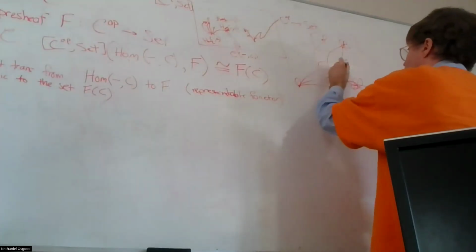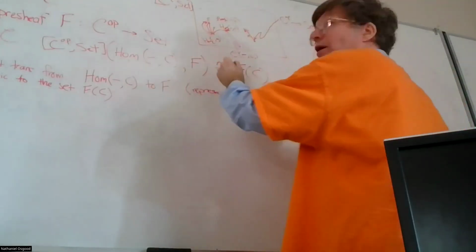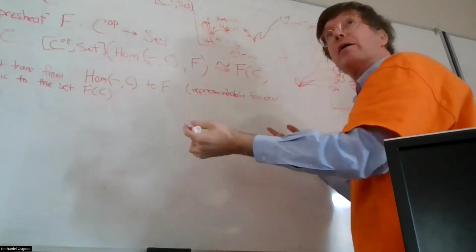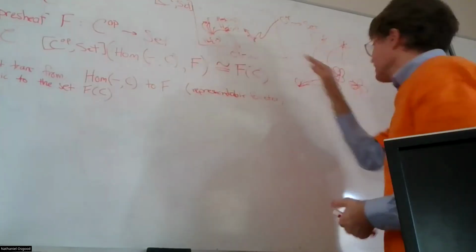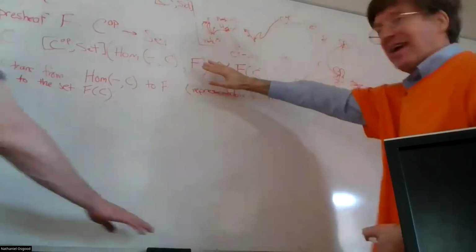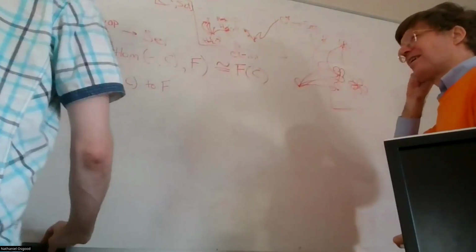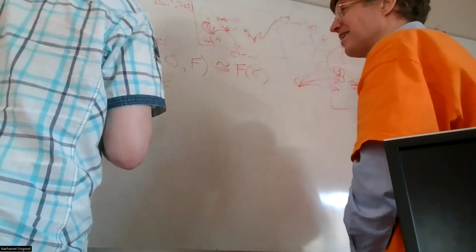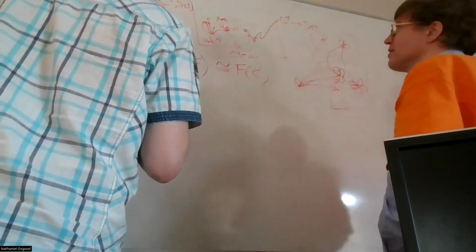The set of mappings here is in one-to-one correspondence with, basically are given by, another name for them is just these, the set of these. So for every one that's there, you can find it. For every one you find, it's one of these. That's the representable for C. That's right.